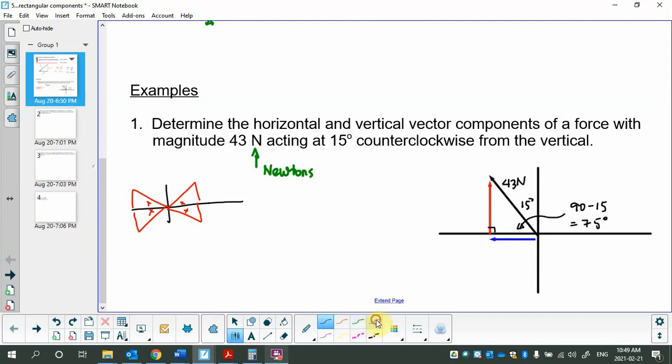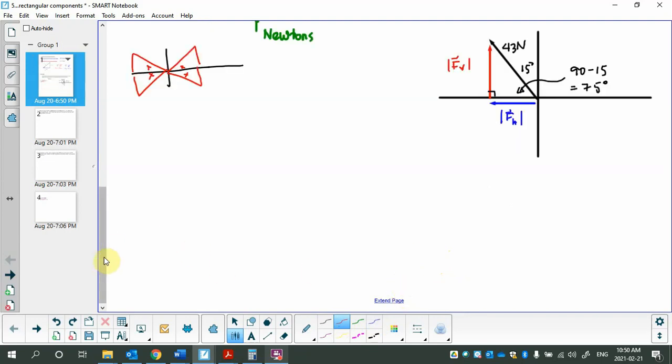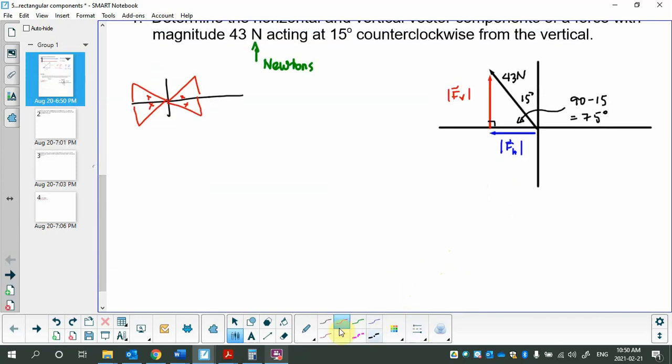So, blue pen, I want to know the component, and this is the horizontal. And I want to know the component, and that's the vertical. All right, you can do whichever one you want to first. I'm going to use trig again.